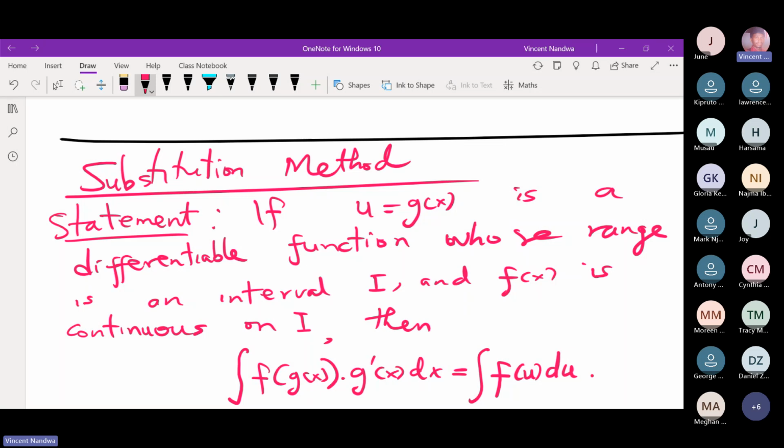So you shouldn't be scared by the statement of the process. Things will make more sense in the examples.